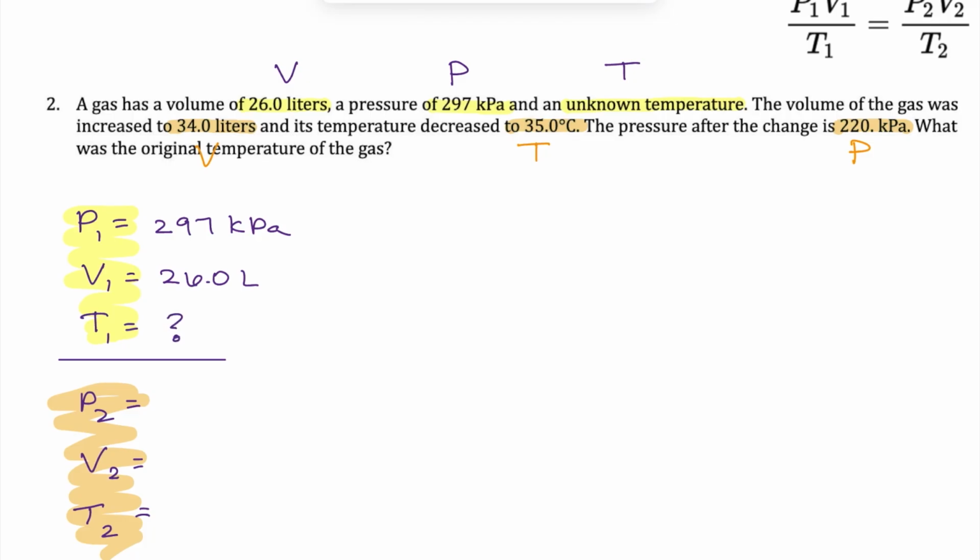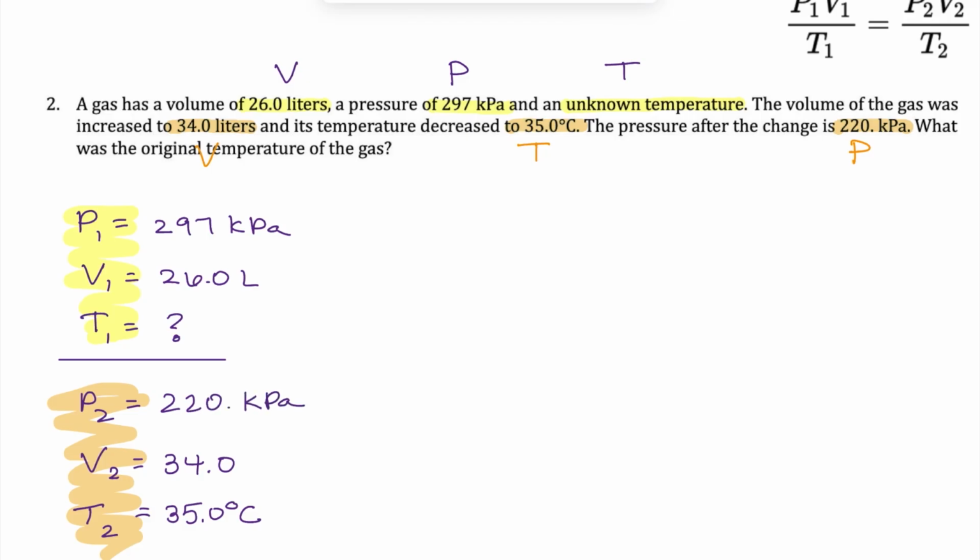Unknown temperature, we're looking for T1. P2, we have 220, or I guess I can just go through and read my problem. The volume is increased to 34 liters. Its temperature is decreased to 35 degrees Celsius, and the pressure changes to 220 kPa.